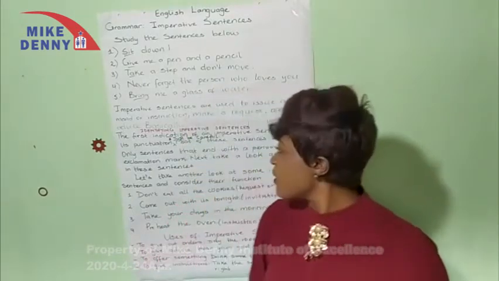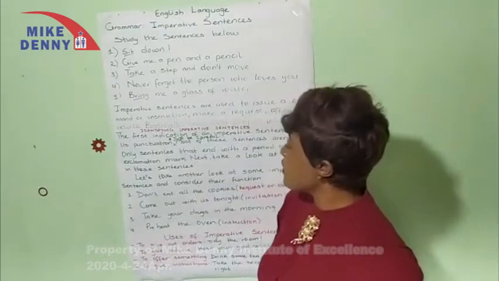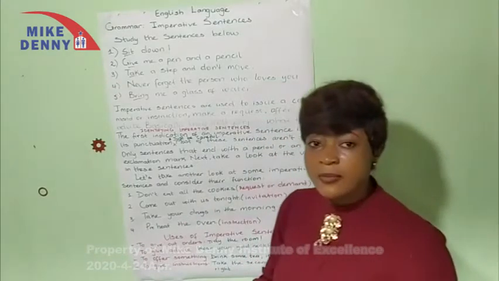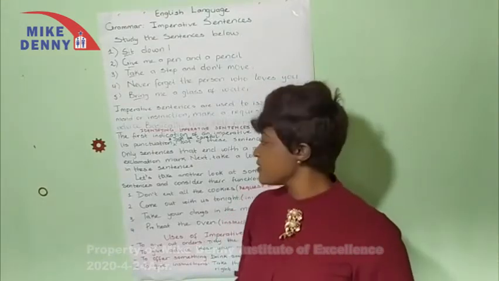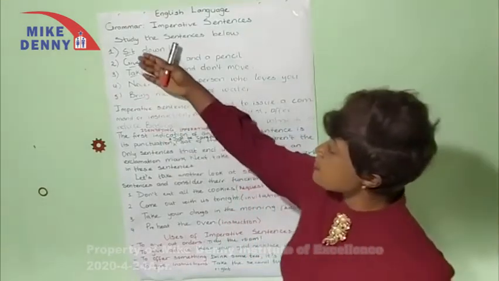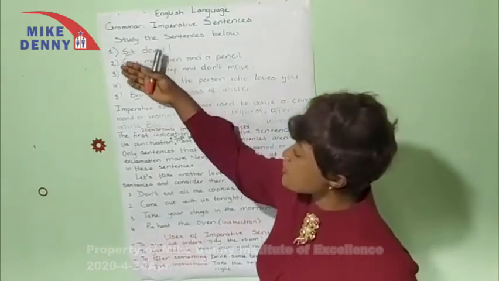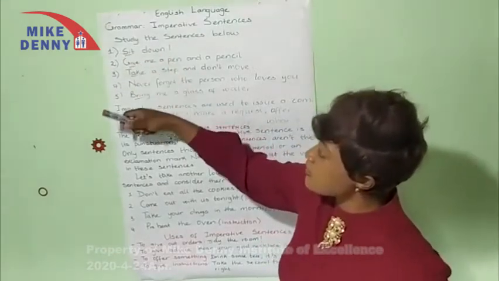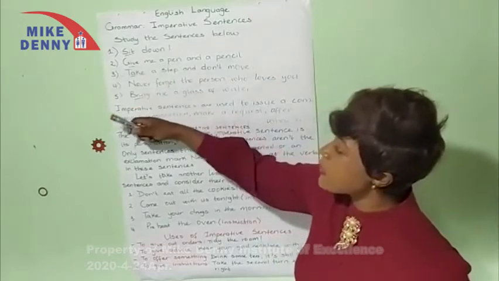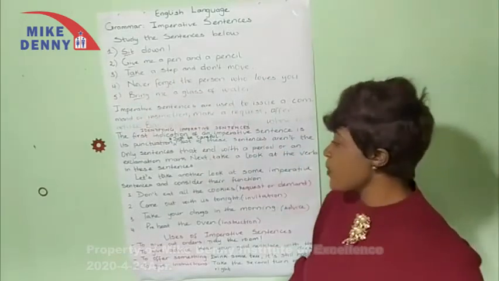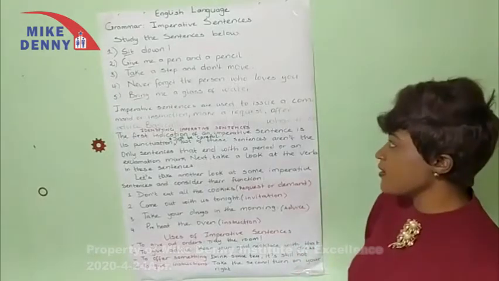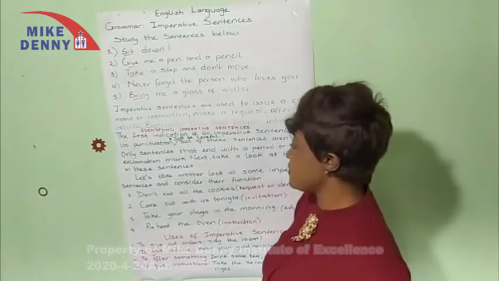Now, we shall look at another step on how to identify imperative sentences. Look at these verbs. From sentence 1 to 5, we have sit, give, take, bring, right? That's another way to identify imperative sentences.